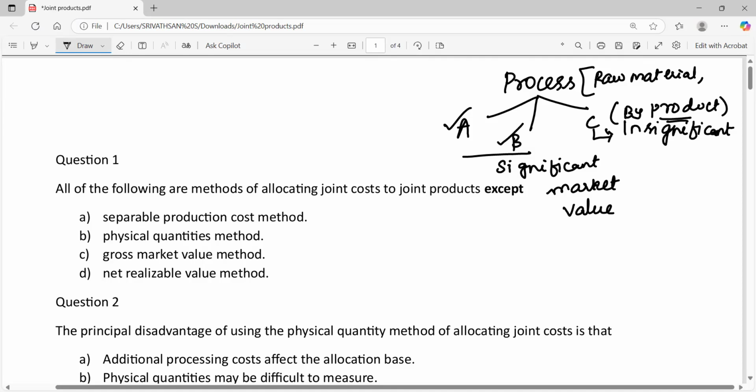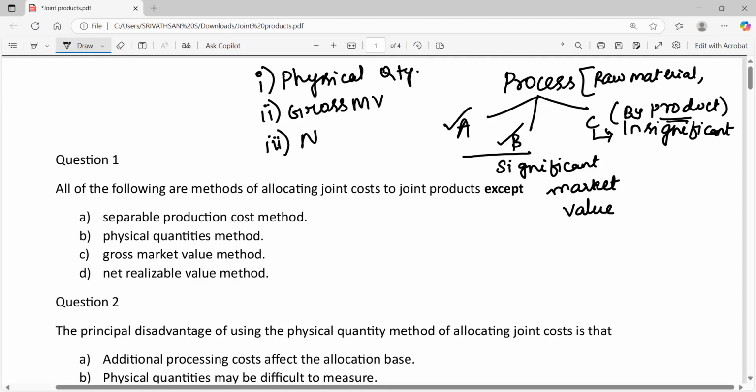So the common costs should be shared between product A and B using different methods. The first method is we can share it using the physical quantity method, or we can share it using the gross market value method, or the net realizable value method, or the gross profit margin method as well.